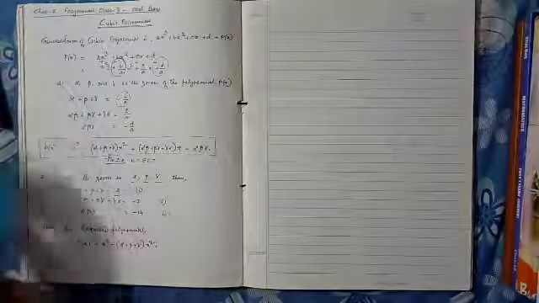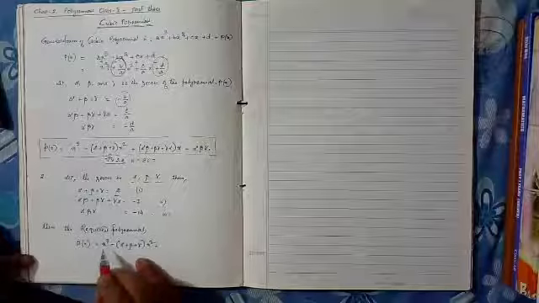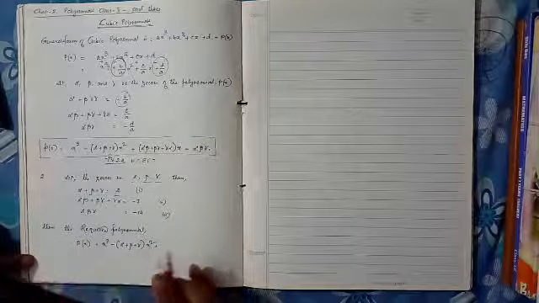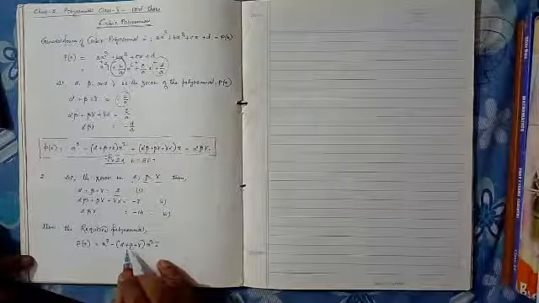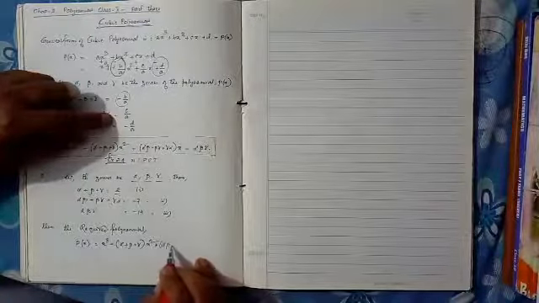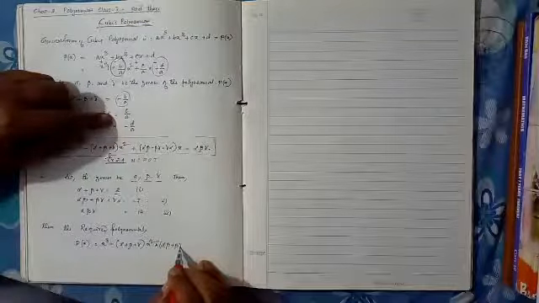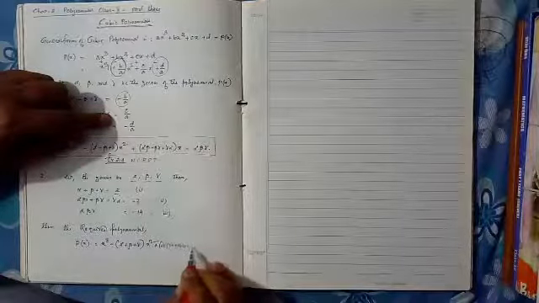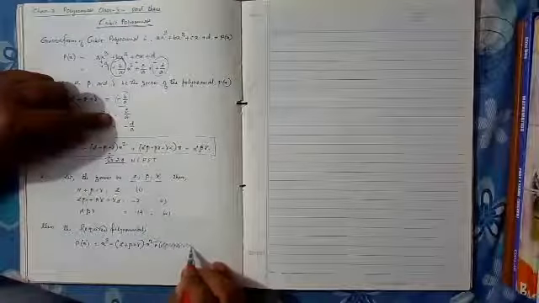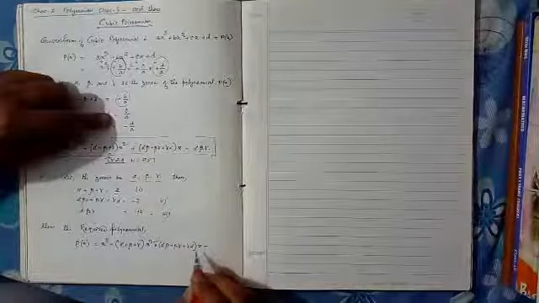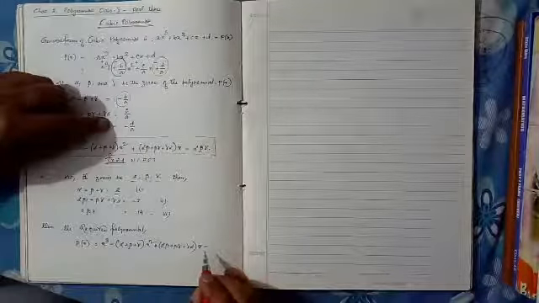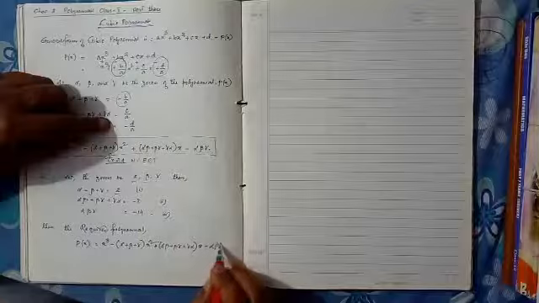The required polynomial is p of x is equal to x cube minus alpha plus beta plus gamma times x square, then plus alpha beta plus beta gamma plus gamma alpha times x, minus alpha beta gamma.